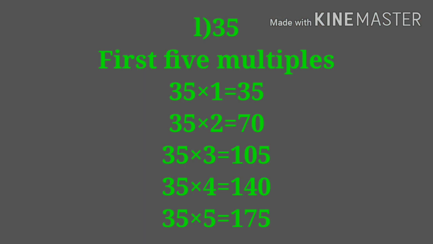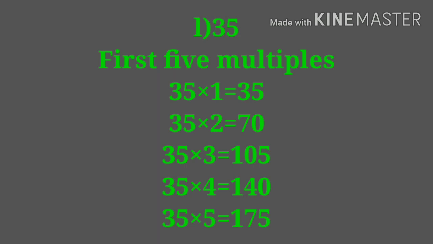Okay. Next example is 35. Multiply 35 by 1, we get 35. Then multiply 35 by 2, we get 70. Multiply 35 by 3, we get 105. Multiply 35 by 4, we get 140. Multiply 35 by 5, we get 175.